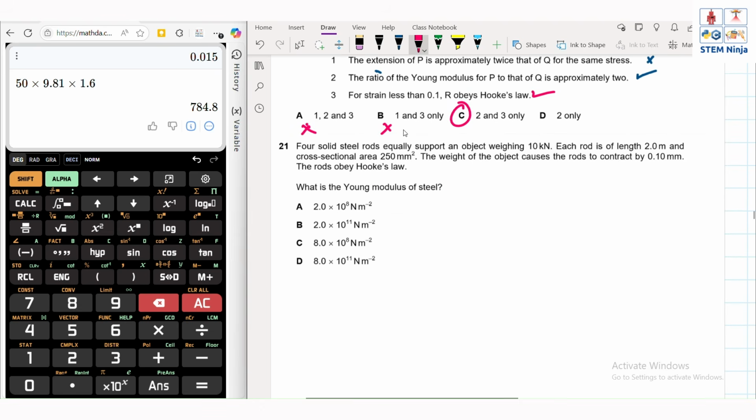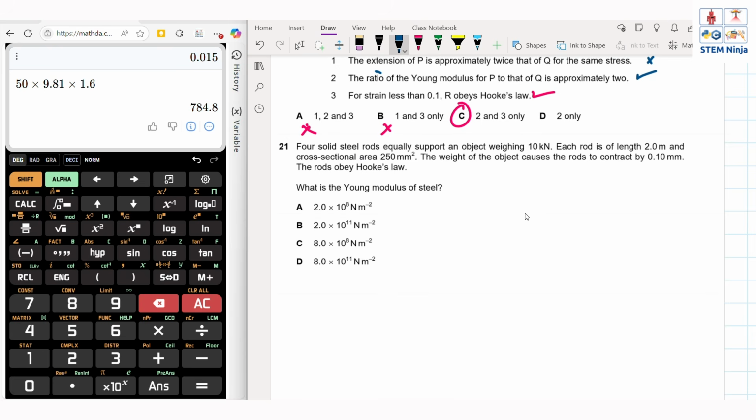Four solid steel rods equally support an object weighing 10 kilonewton. Each rod is of length 2 meters and cross-sectional area 250 millimeters squared. So basically you have four rods. Let's say this is the ground and this is the weight of 10 kilonewtons.